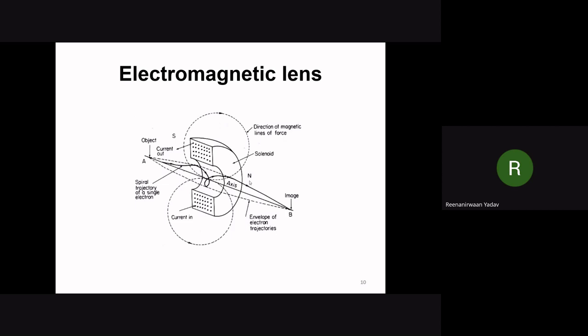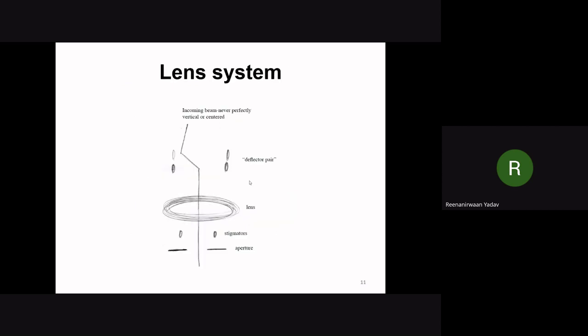Next. A basic lens system, whether it is a condenser lens, objective lens, or projector lens, has mainly four components. First is the deflector, then the lens, then the stigmator, and then the aperture. The electromagnetic lenses are a stack of different electromagnetic lenses, and it is not possible to align all of them very precisely.